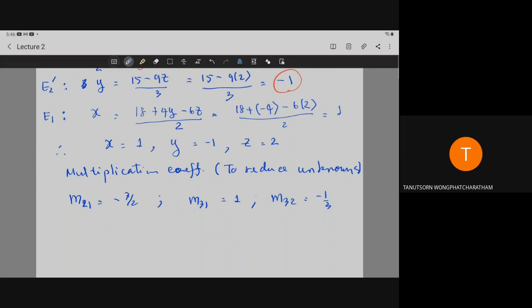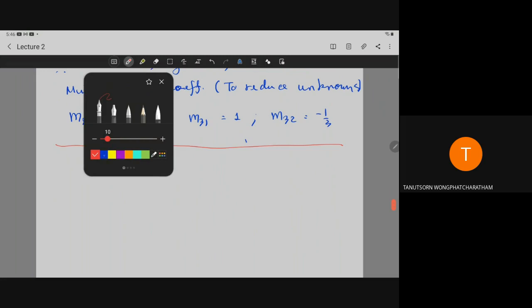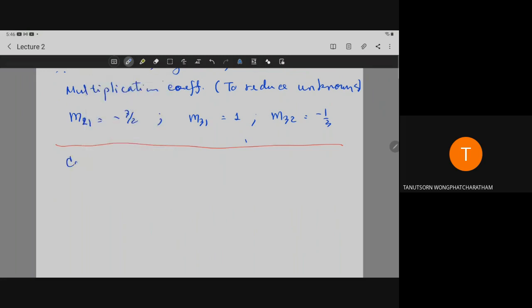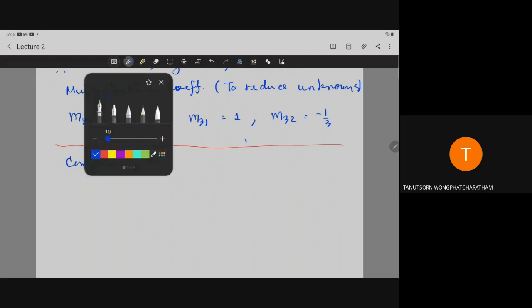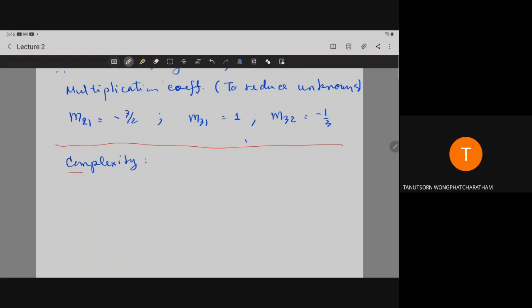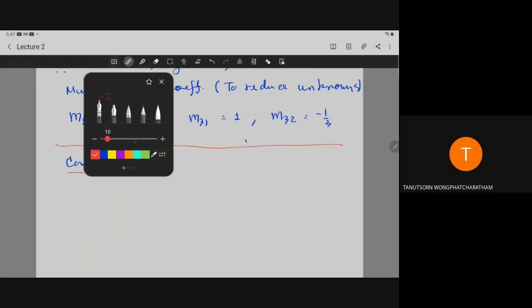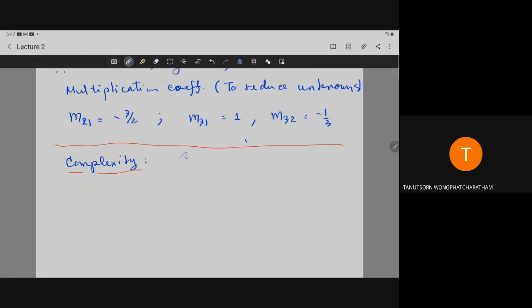And well, when we solve the equation this way, how is the complexity compared to just Cramer's rule? Okay, so let's compute the complexity. Okay, for a lot of you who work on algorithms, very often you will have to evaluate your algorithms in terms of complexity. Okay, and in this case, I'm going to look at the complexity in terms of the number of operation count.